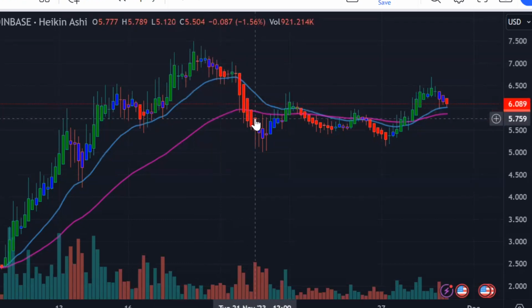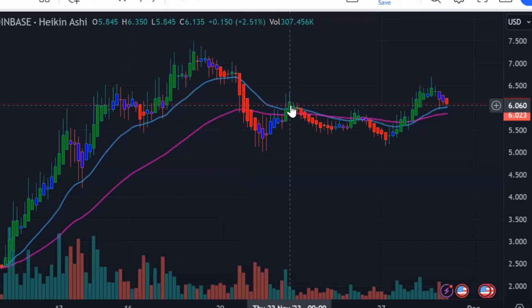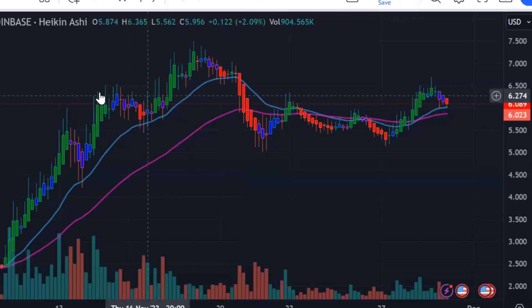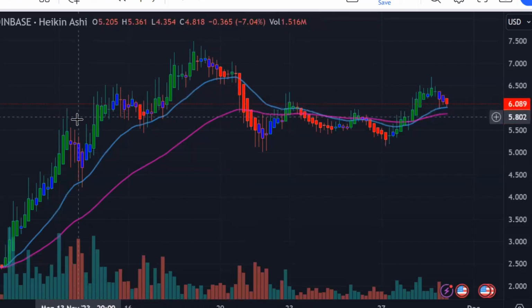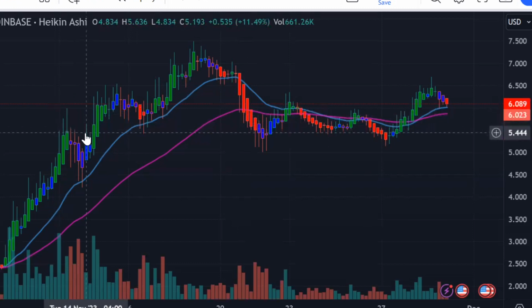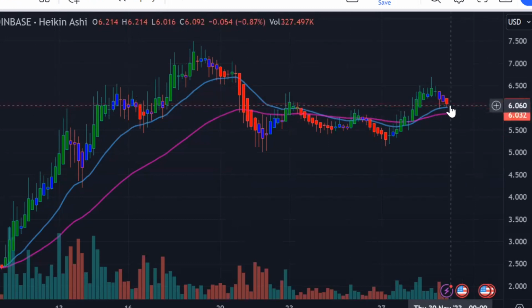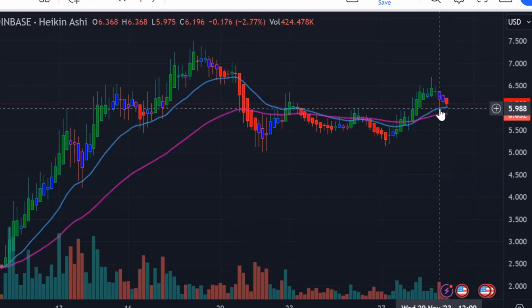We need to go ahead and come back down and retest some levels, build up some support. So to me, what's looking like some support right now is the $5.50 range, $5.60 range. Also, there is support right around $6.10, which you can see over here is kind of battling that $6.10.